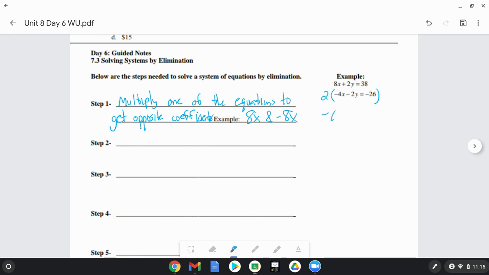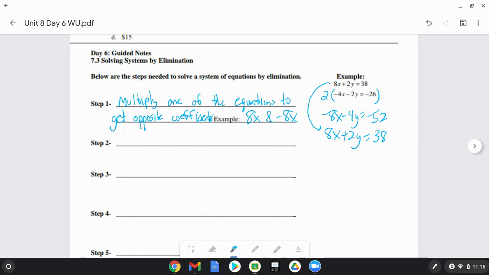So now we would get negative 8x minus 4y equals negative 52. I'm going to take this top one and put it on the bottom. That way they're stacked. And now you'll notice that the negative 8 and the 8 are exact opposites of each other. One has a positive, one has a negative, and they have the same exact coefficient of an 8. So that's exactly what we want in the first step.